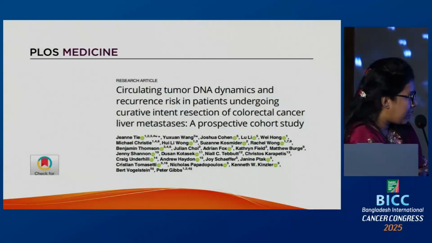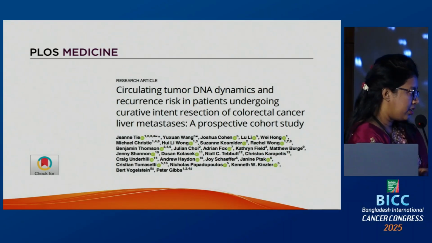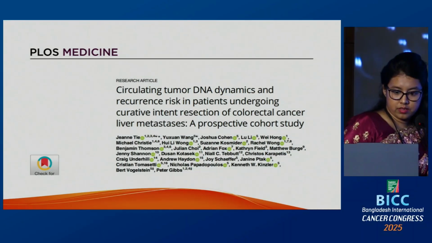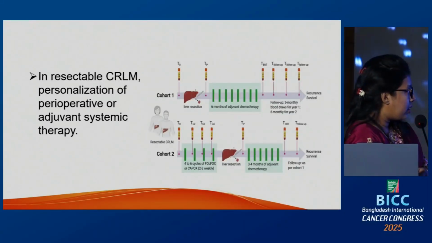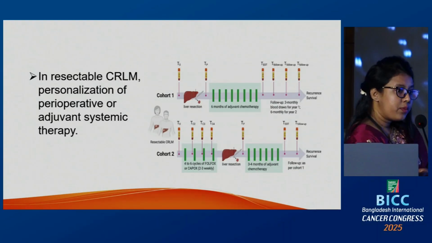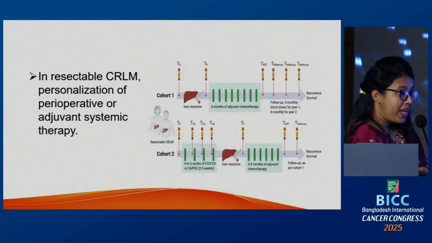And this is another study on resectable colorectal liver metastasis. From this study, you can see that in resectable colorectal liver metastasis, ctDNA helps in personalization of perioperative chemotherapy or adjuvant chemotherapy.